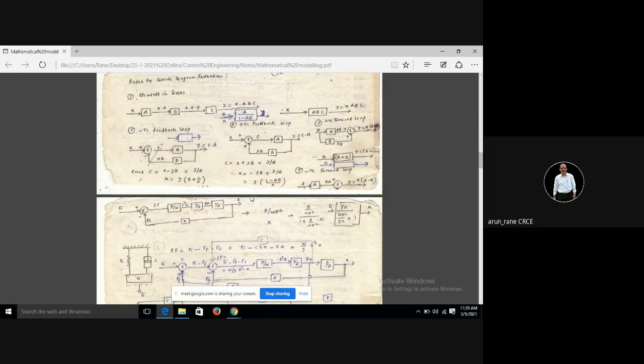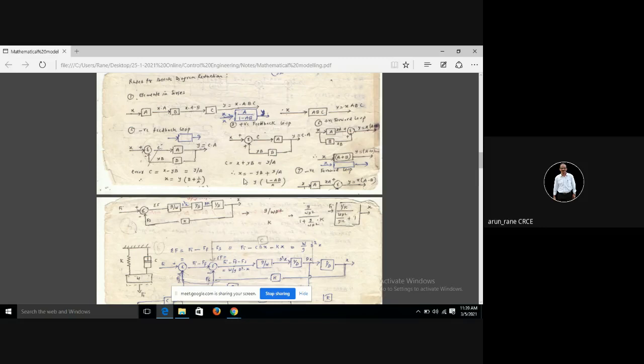Now out of this, if I take y common, then I will get minus b plus 1 upon a. If I take a as an LCM, then it will be 1 minus ab.